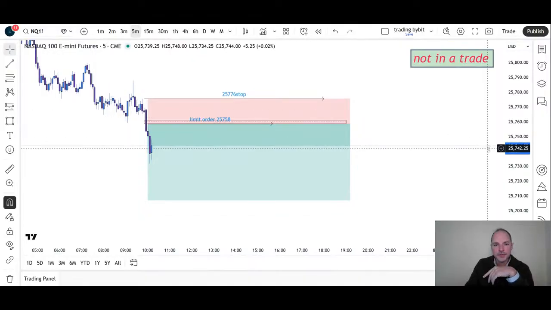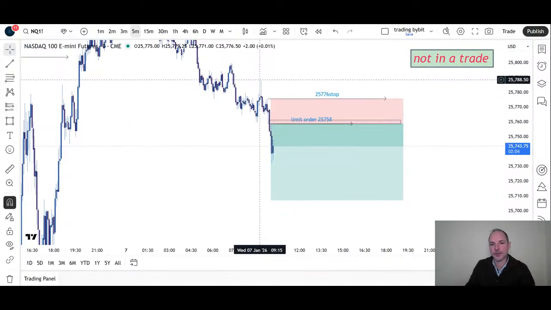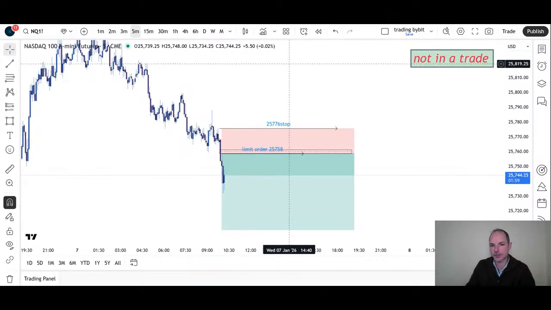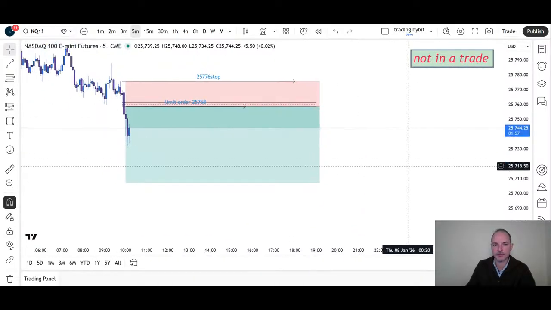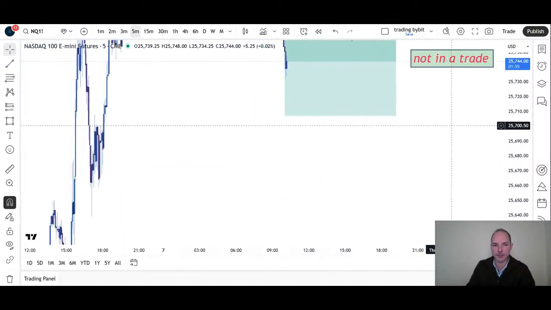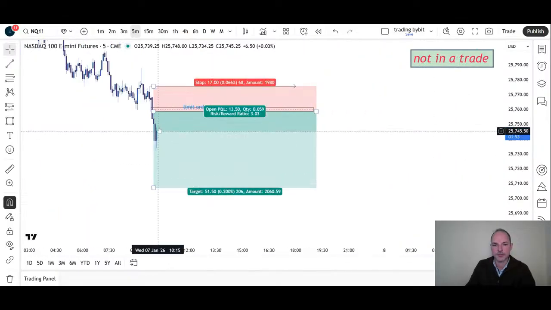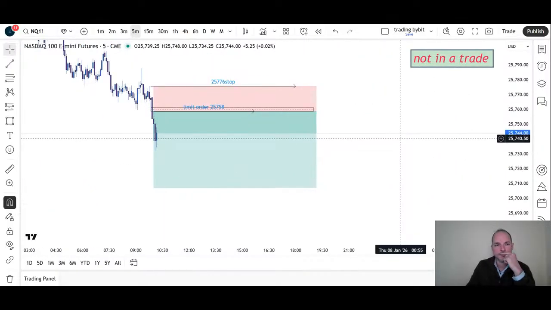If I'm incorrect right now and the market starts moving above that 30-minute fair value gap right here, we will go back to the highs and then we can take the other side if it's needed. But like it's looking right now, the market wants to continue lower. So if we get that tap, that would be a nice entry.